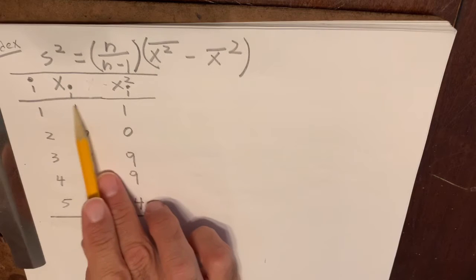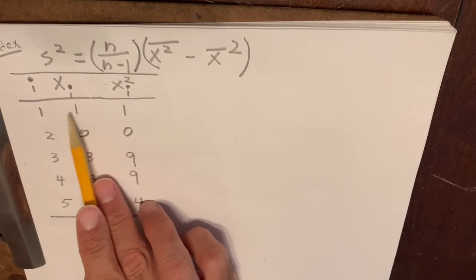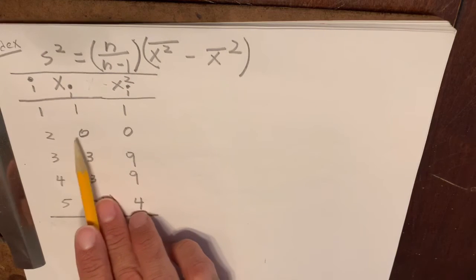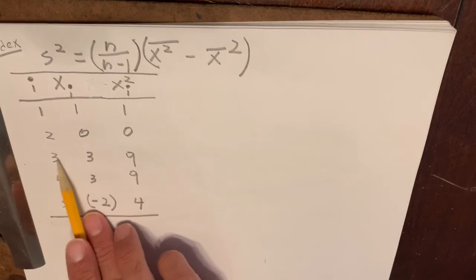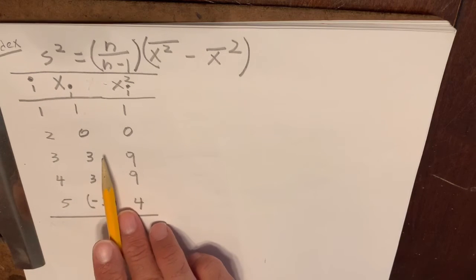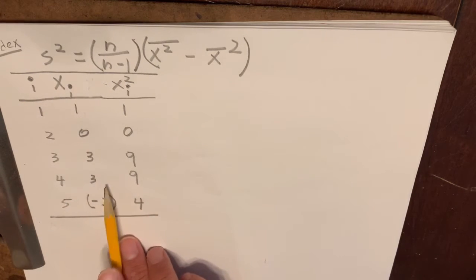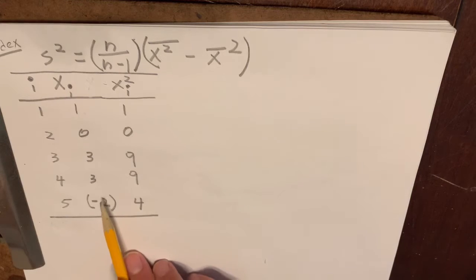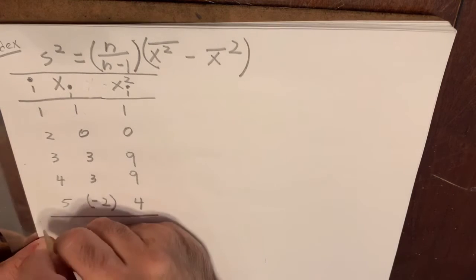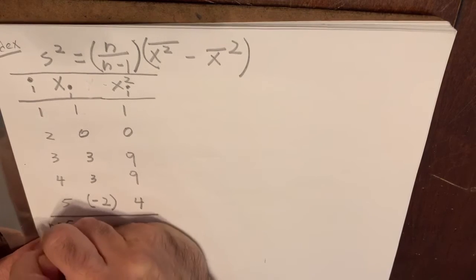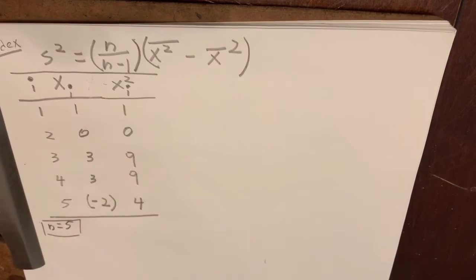So the first observation to be recorded was a 1. The second observation to be recorded was a 0. The third observation and the fourth observation to be recorded were both 3. And the fifth and last observation to be recorded was a -2. And since the highest index is 5, that's the sample size, n equals 5. Okay, so that's the sample size.